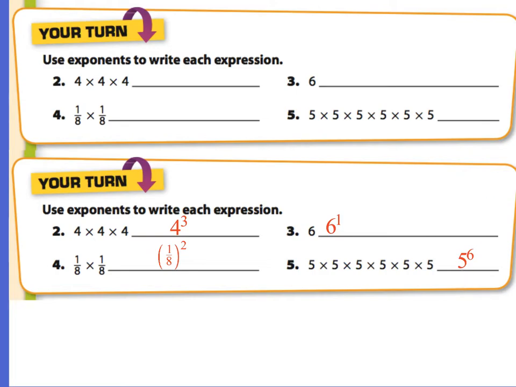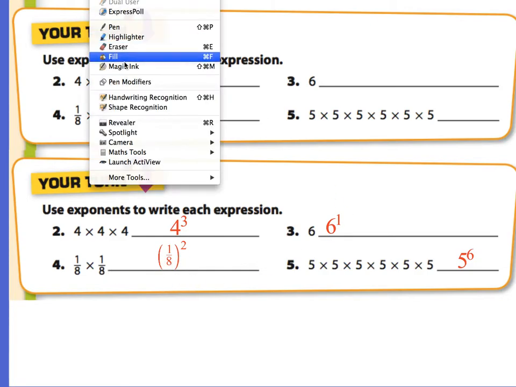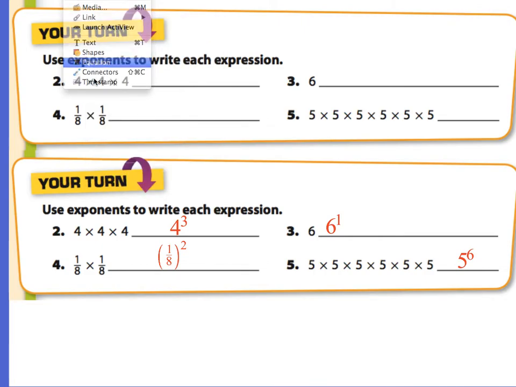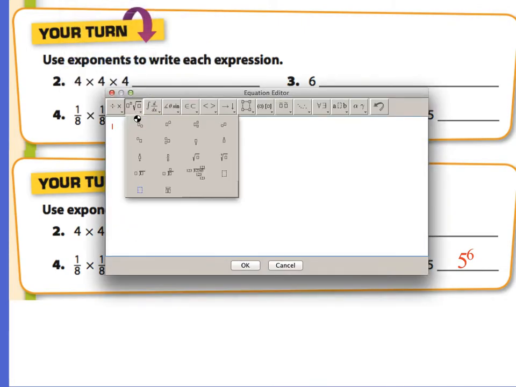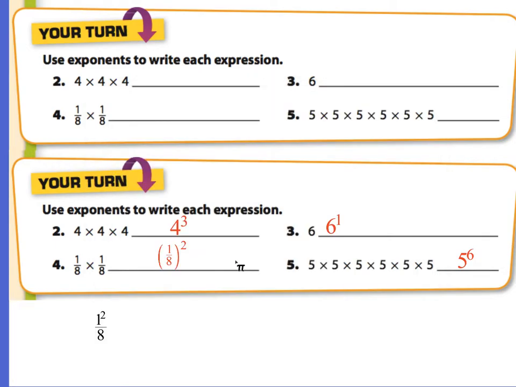Now, I did not tell you in the last one, and I should have, that when you have a fraction and the whole thing is being multiplied, you have to put the parentheses around it. If I would have just written it with the squared above the 1, then it looks like just the 1 is squared and not the 8.